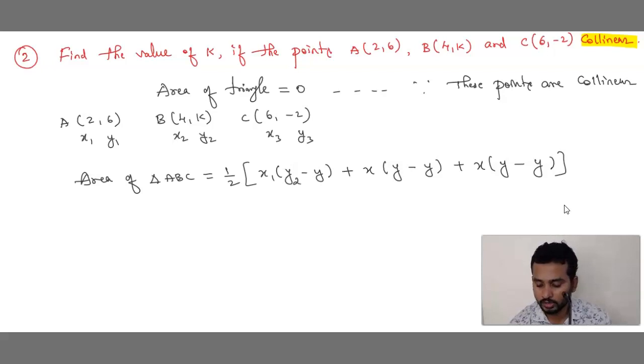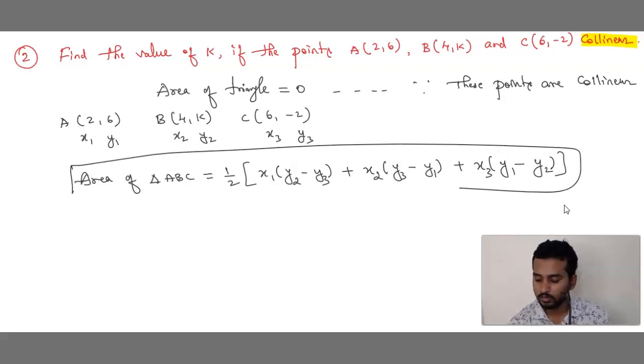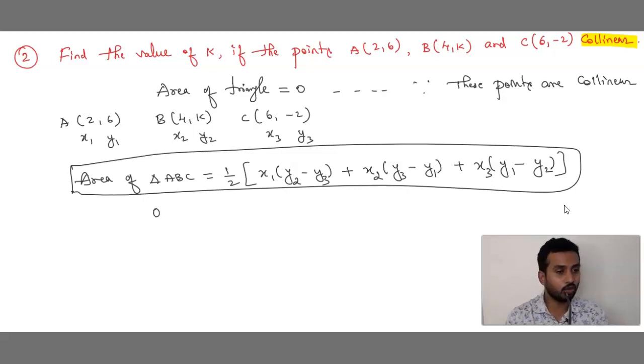What's the logic? 1, 2, 3; 2, 3, 1; 3, 1, 2. Correct? Yes. Now what is area of triangle ABC here? 0. Why is area of triangle ABC 0? Because points are collinear.